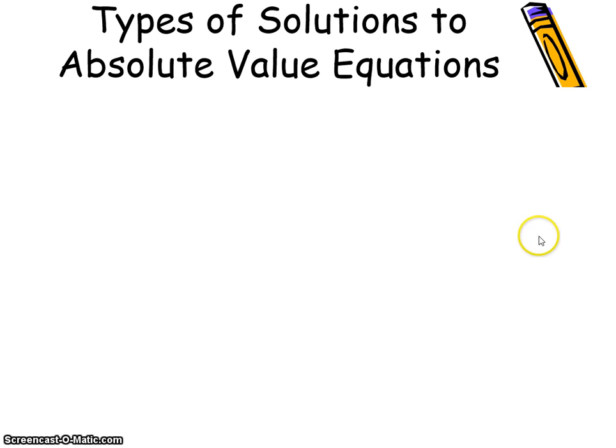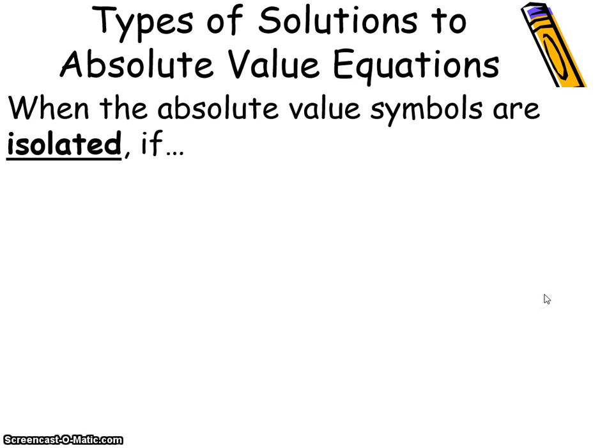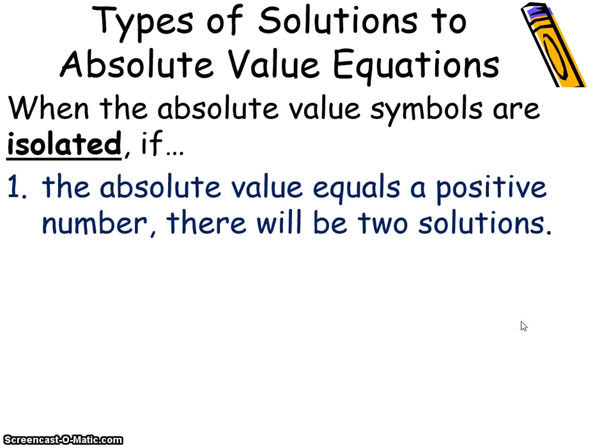So let's summarize the types of solutions there are to absolute value equations. When the absolute value symbols are isolated, meaning the only thing on that side of the equation is the absolute value symbols and what's inside, if the absolute value equals a positive number, there will be two solutions. So for example, if the absolute value of x equals 10, this would have two solutions because it's equal to a positive number.